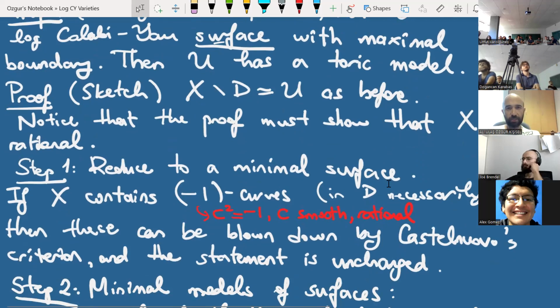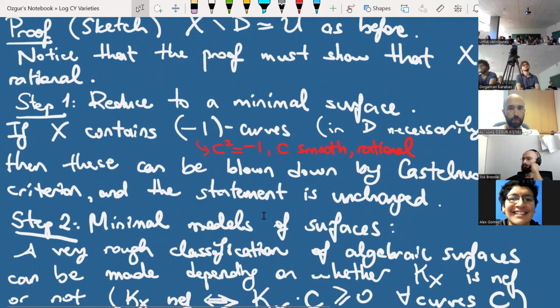If X contains any -1 curves, which means curves C which are smooth rational and square -1, then by Castelnuovo's theorem, they can be blown down and you still go on with a smooth surface. And the statement is essentially unchanged, so you could reduce to the case of a minimal surface.